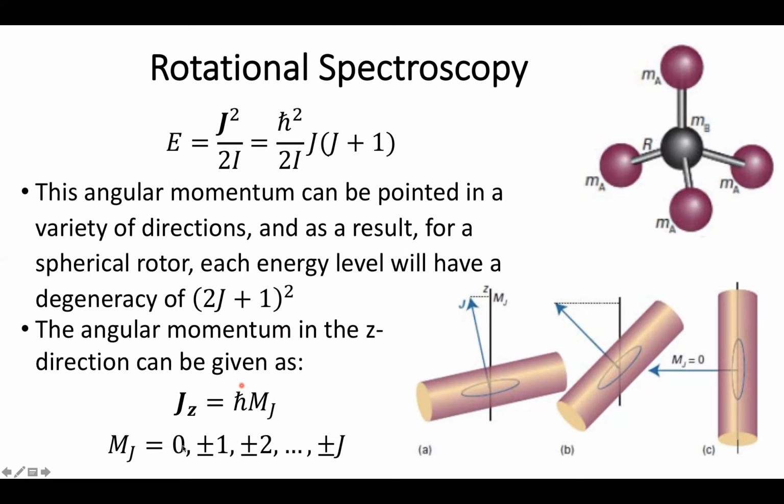Now, just as a reminder, we will still have an angular momentum in the z direction, and this will still be given by our good old equation for the diatomic system, h bar times what's now called the magnetic quantum number. One of the reasons for this is that the directionality of the angular momentum often results in magnetic moments. But this will still have values going from negative j to positive j along integer values. So again, nothing too different here for a spherical rotor.